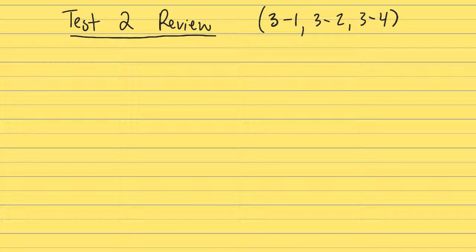Okay? The following step would be to press second and then trace, which will bring up the calculate menu. You're going to choose the option that says the word zero. It's option number 2. It says zero because you're finding the zeros of the function. Then the calculator will say left bound, question mark.